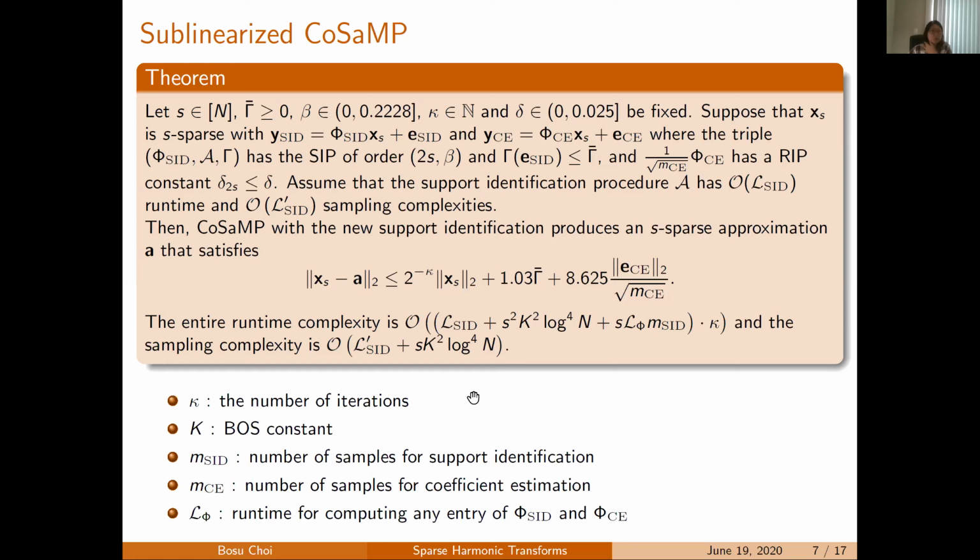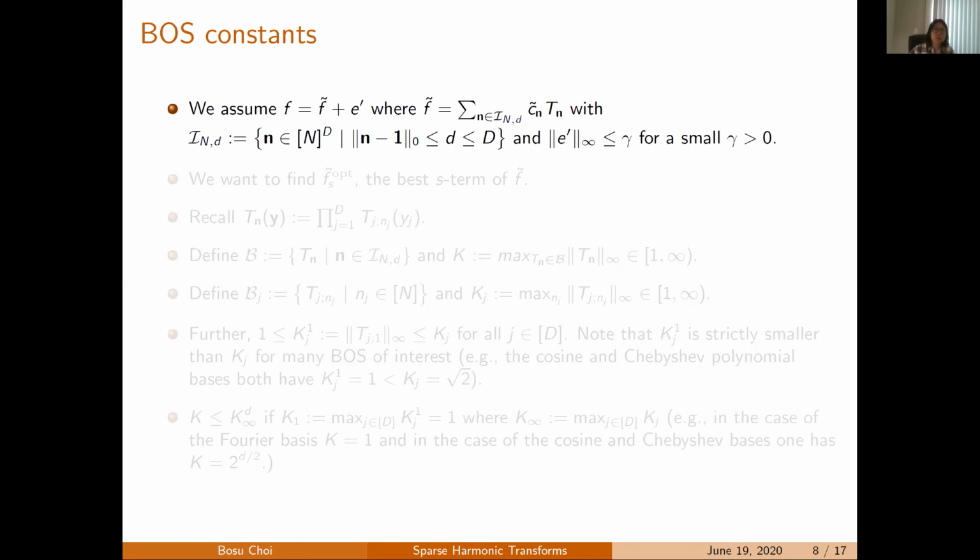Then to understand this runtime and sampling complexity, another important constant is this K, the BOS constant. It is the bounded orthogonal system constant. So we want to estimate the size of this K. To estimate the size of this K, let's look at our assumption for the function f of interest.